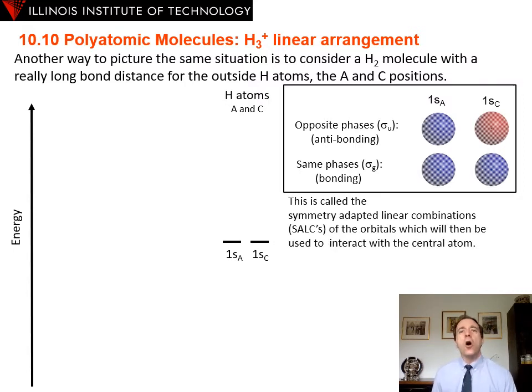So we're going to call this a symmetry adapted linear combination, SALC, and we'll schematically show what happens with the bonding and the anti-bonding here. So here is the H2 SALC, and we'll look at what happens. We get bonding and anti-bonding.